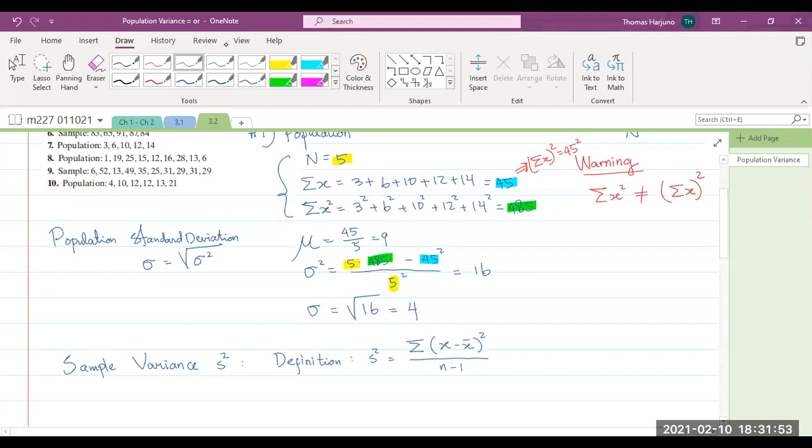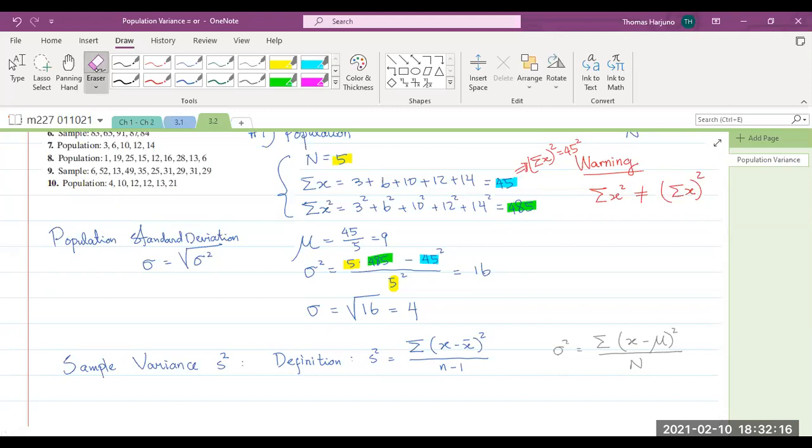So if you compare with sigma squared, it's very similar. The sum of x minus mu, instead of mu, you change that to x bar, and the capital N becomes n minus 1 for variance.